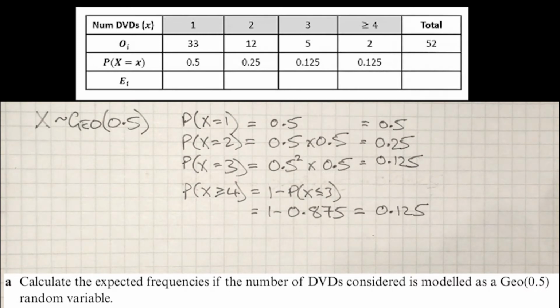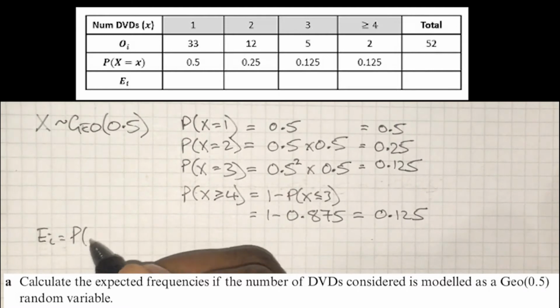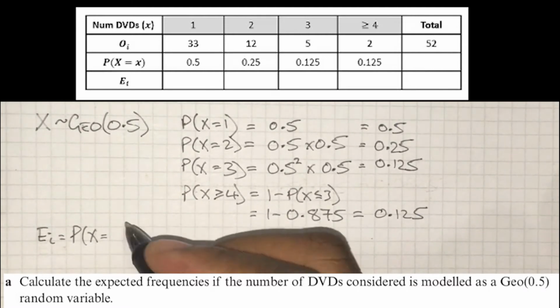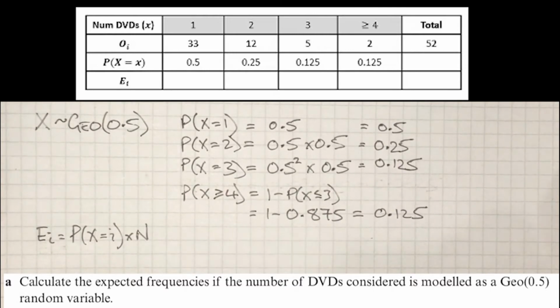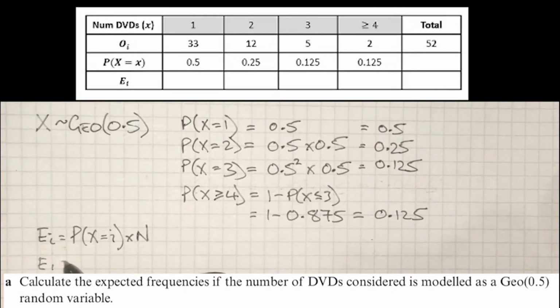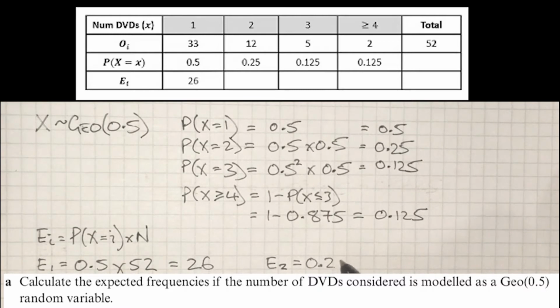Okay, so now that I have those probabilities, we want to go ahead and find the expectations. Remember that the expectation is the probability scaled, or multiplied, by the number of trials. So the expectation of 1: well, there was a 50% chance that I chose a DVD I wanted to watch on my first go. So 0.5 multiplied by 52 equals 26.